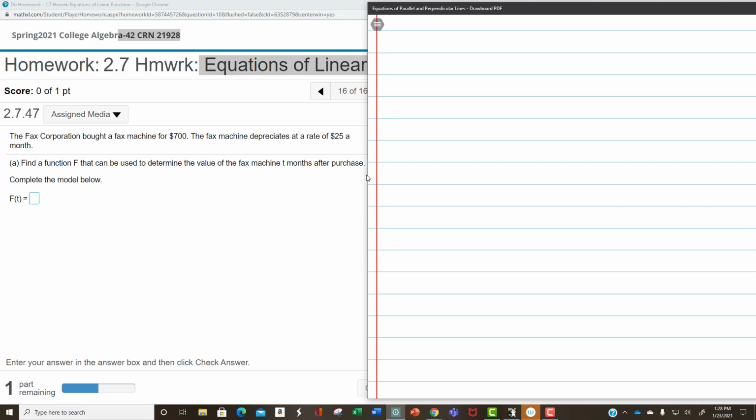So what we're going to do is let this equation be down $25 a month, where x is the number of months, plus 700. That is, it started at 700 and then goes down $25 a month.